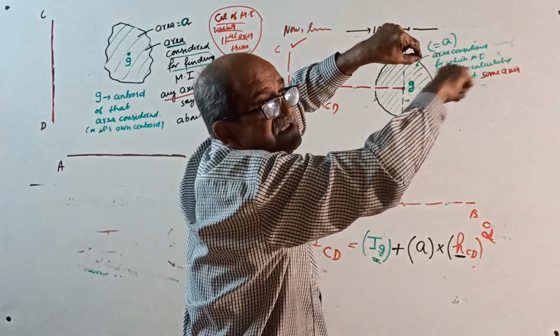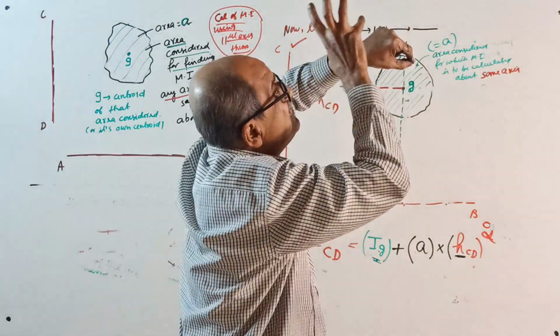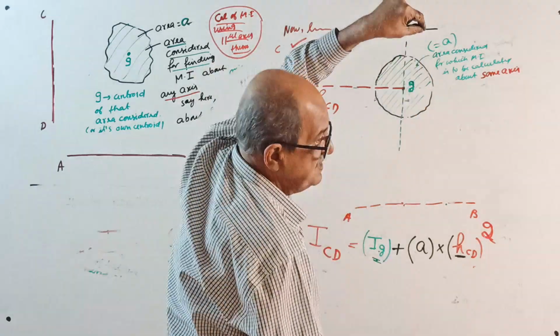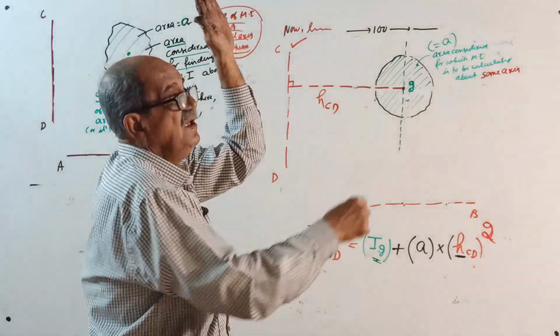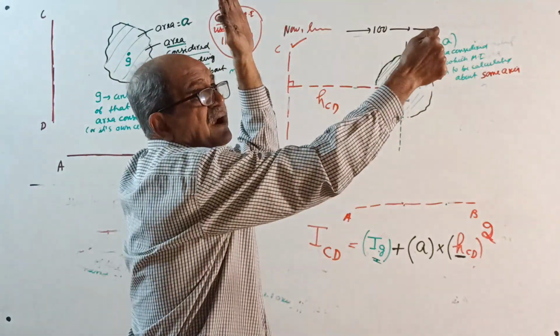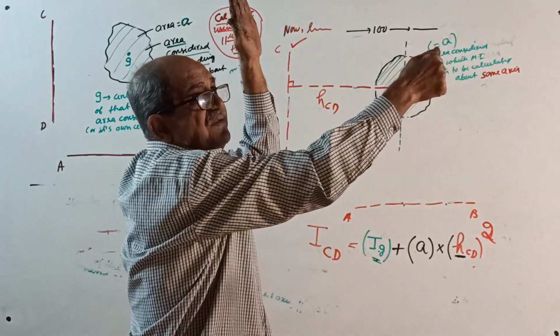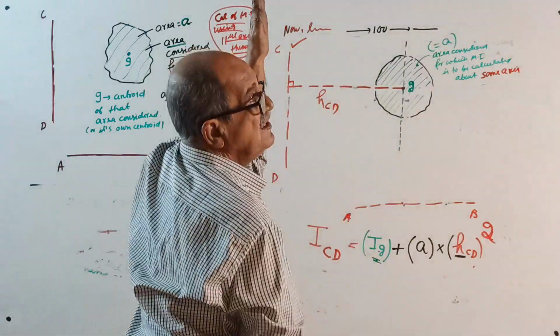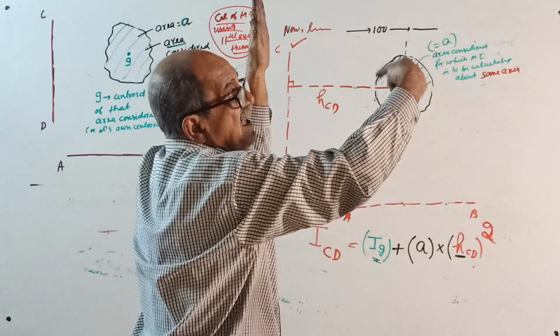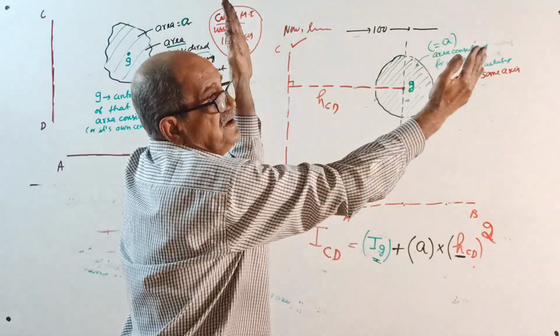That term is called IG. Write it, plus area into this distance square. Or if you want about a vertical axis, go to the centroid of the component. Imagine an axis parallel to this axis but passing through its centroid this way. Plus area into this distance square.